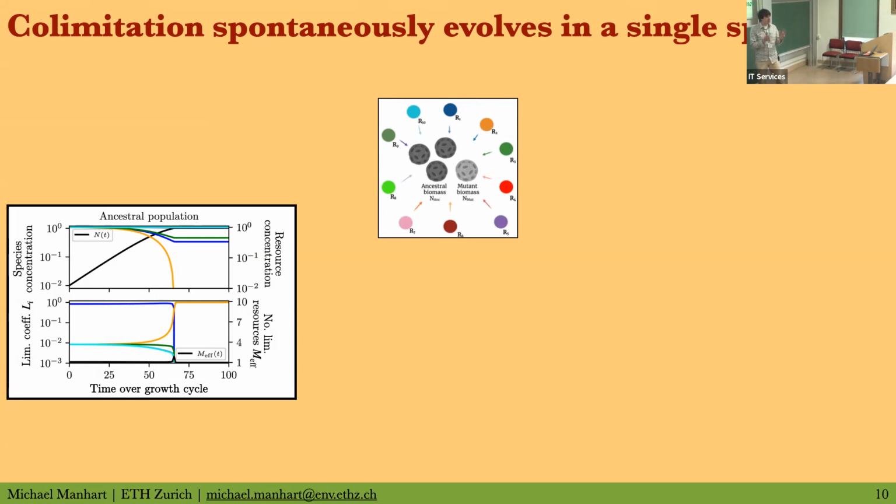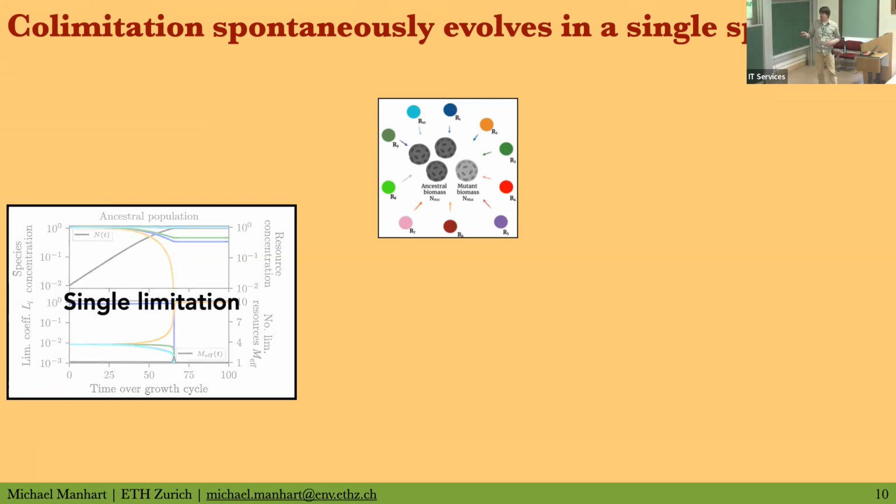They change as the resource concentrations change in the environment. But if we look for pretty much the whole growth cycle here, we see just this one resource in blue is by far the most limiting. And if you look therefore at the number of limiting resources in black, you see it's pretty much always around 1. So this population starts from this state very much of close to single limitation.